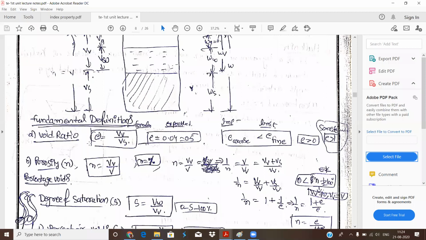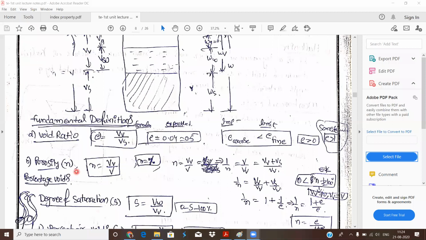In any soil, it is the presence of how many voids are available. We can consider this the most important parameter among all types of parameters. Why we take void ratio as more important, we will discuss after porosity. So this is the void ratio, and it is expressed in decimals.